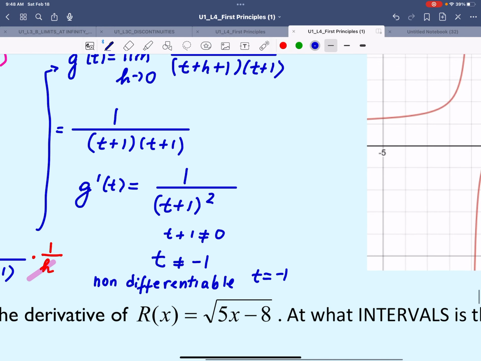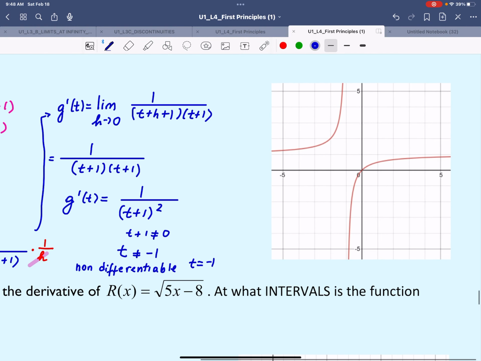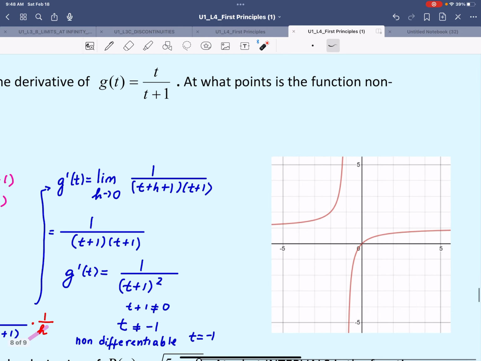So graphically speaking, what does this look like? What I did in here was draw the graph of the function g(t). The function g(t) will have a vertical asymptote at t equals negative 1, because t plus 1 is different than 0, which means t is different than negative 1.